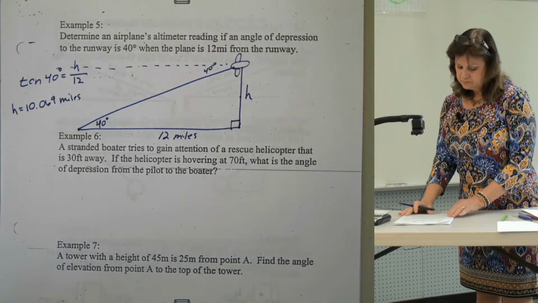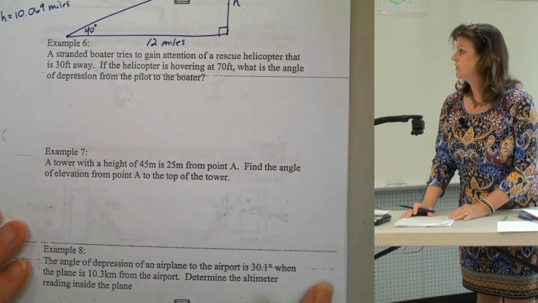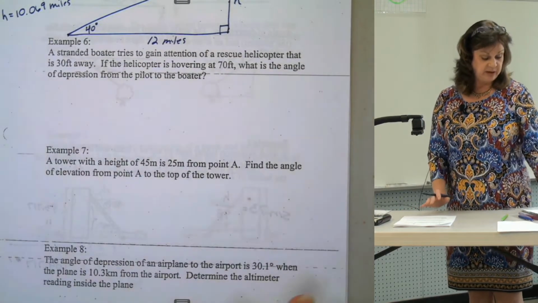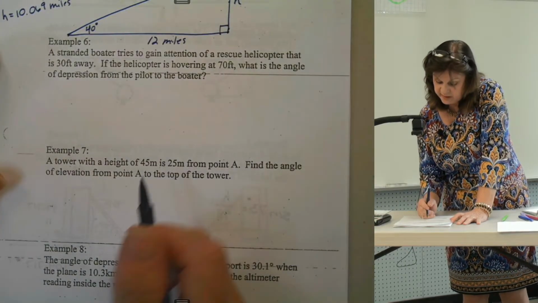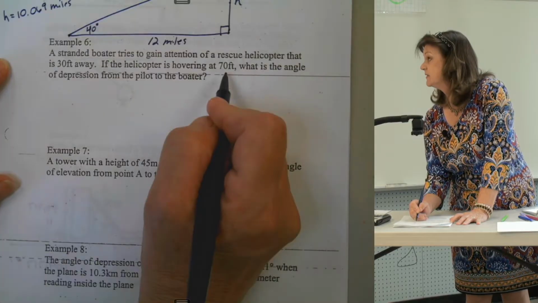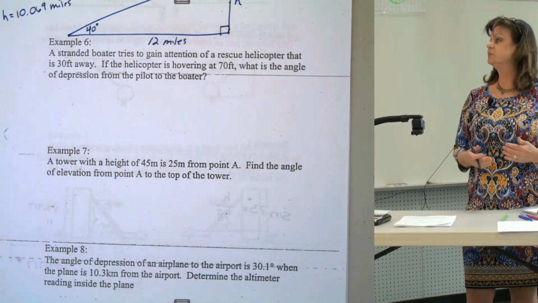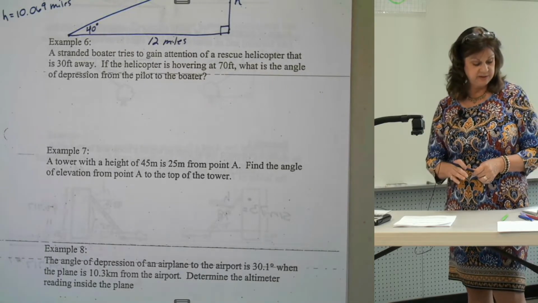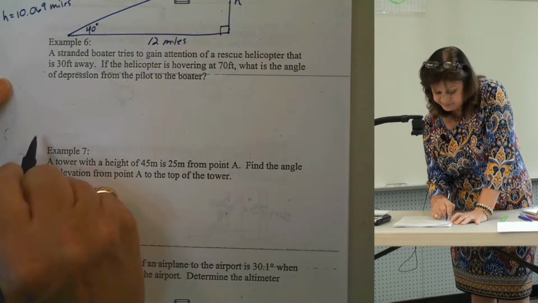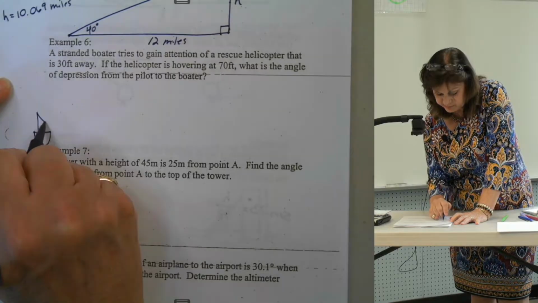Okay. A stranded boater tries to gain the attention of a rescue helicopter that is 30 feet away. The helicopter is hovering at 70 feet. What is the angle of depression, which just means what? The angle of elevation from the pilot to the boater. So I've got this stranded boater.